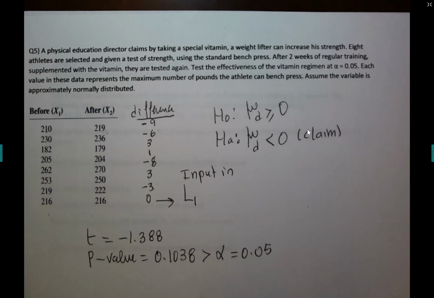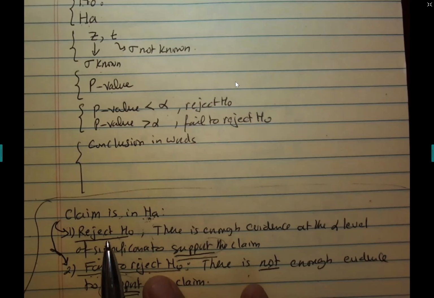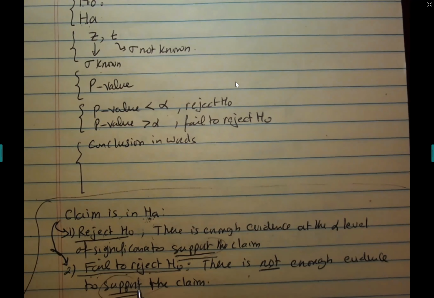So what's the decision here? Fail to reject H0. I hope that by now you have a good feel for when to reject H0 and fail to reject H0. Last thing for today: the claim is in HA, and I fail to reject H0, so I say I cannot support the claim.